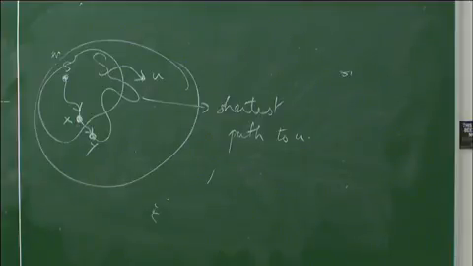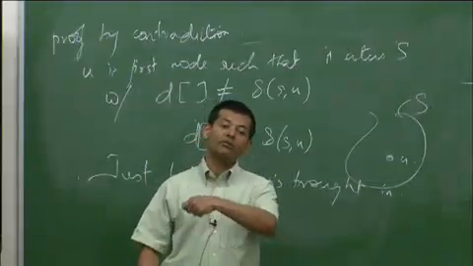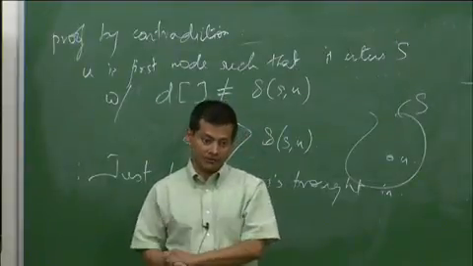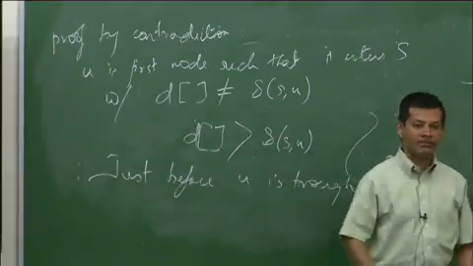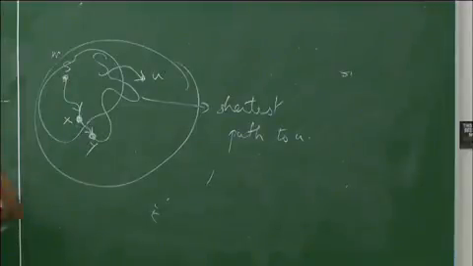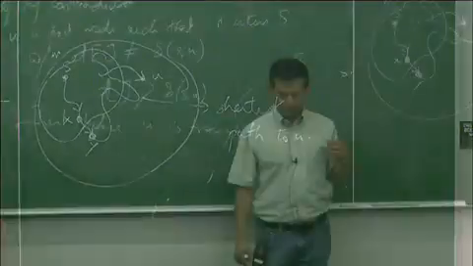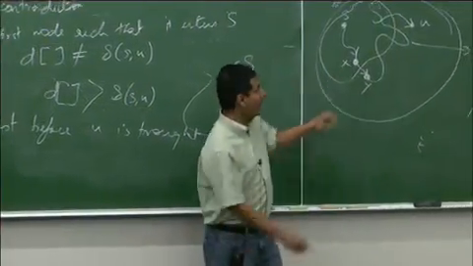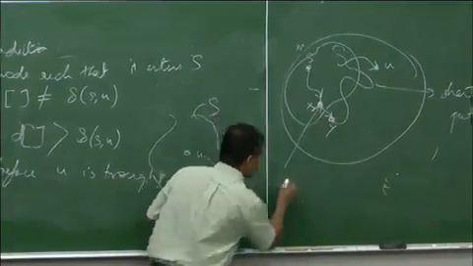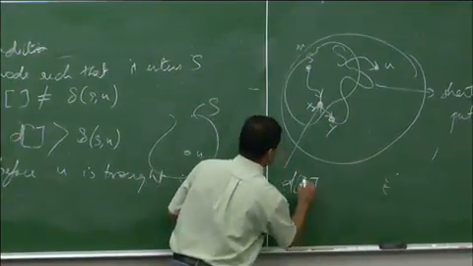What does it mean for X to be inside? X was taken out of your priority queue at some point previously, right? If X is already inside, it means that at some previous step, X did get in. By assumption, X has a D value of what?